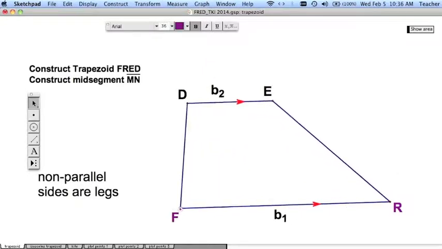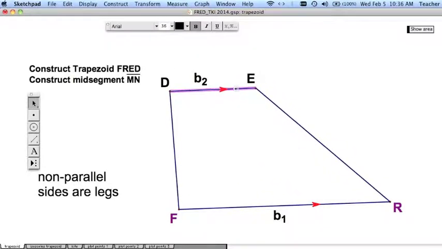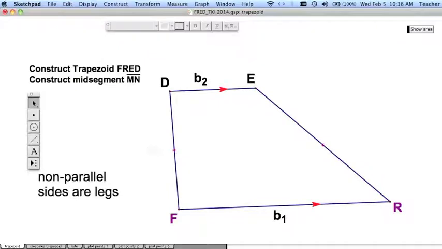And we're going to do a little bit more with this before we move on. We're going to construct some midpoints. So I want you to select both, construct midpoints. And we're going to call those M and N respectively.